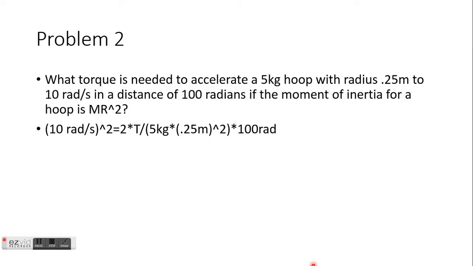So 10 radians per second squared is equal to 2 times the torque T over 5 kilograms times 0.25 meters squared, times 100 radians. And so solving for what T is, we'd say that T is 0.156 Newton meters.